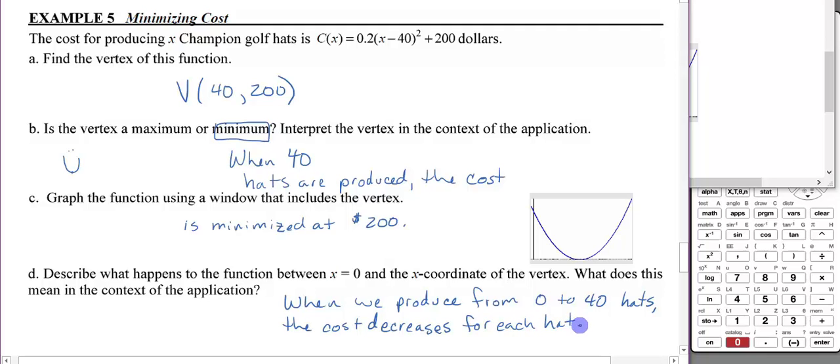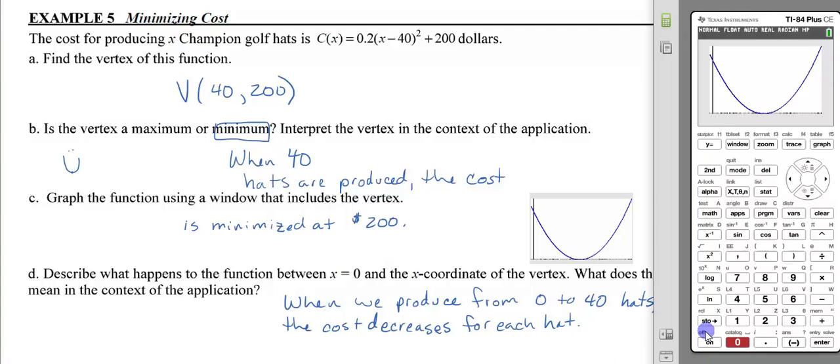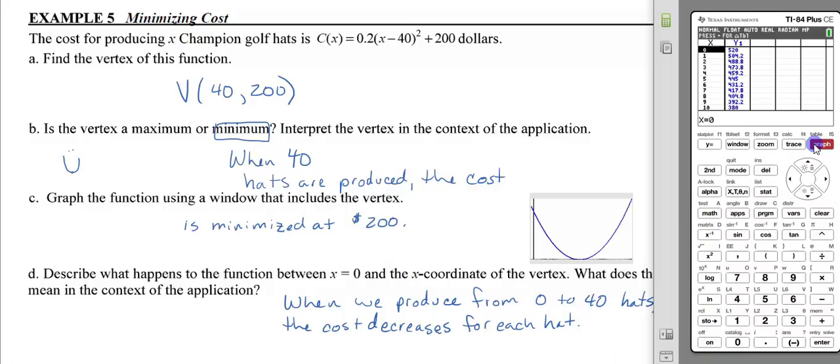Each hat you produce, it's going to continue to decrease. You can even look at the table here. 0 hats is going to cost you $520. That's talking about your fixed costs for producing. We've got 1 hat, you're going to make $504.02 on your cost, and 2 hats, and so on.